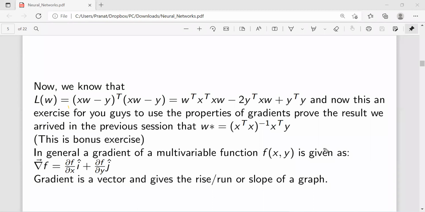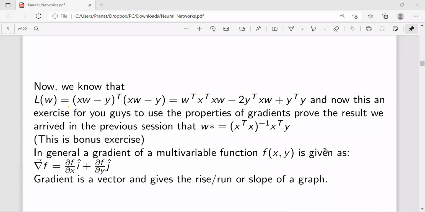And now this is sort of an exercise, or I shall say a bonus exercise. This is not necessary when you're submitting your articles, but it is a bonus exercise. You are supposed to take the gradient of this and minimize it and obtain W star as this expression right here.